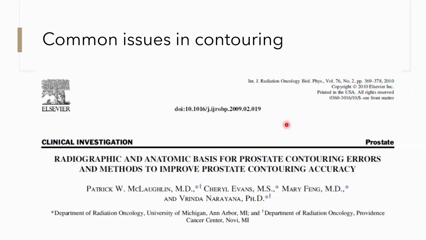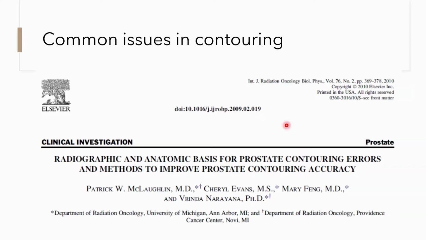Now, it's very common to have very oddly shaped prostate contours when we are a little less experienced in contouring prostate cancer. This is a very beautiful paper by McLaughlin and colleagues from Providence, from Ann Arbor in Michigan, which shows the radiographic and anatomic basis for contouring errors of the prostate.